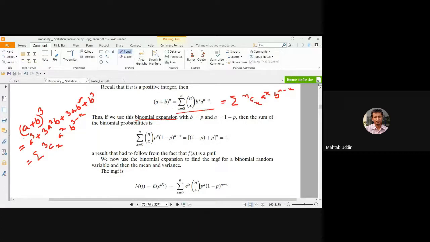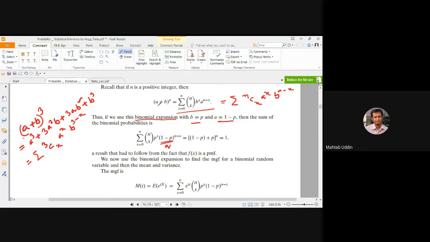Now, if I put a equal to p and b equal to 1 minus p, once again I'm saying it doesn't matter, you can put a equal to p, b equal to 1 minus p. As this is commutative, there is no problem at all. Then we get nCx p to the power x, (1 minus p) to the power n minus x. 1 minus p is what? q, right? So we can write q to the power n minus x.